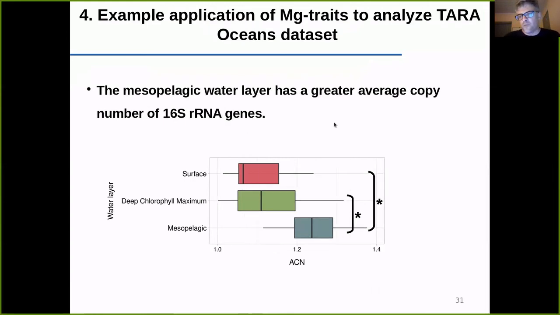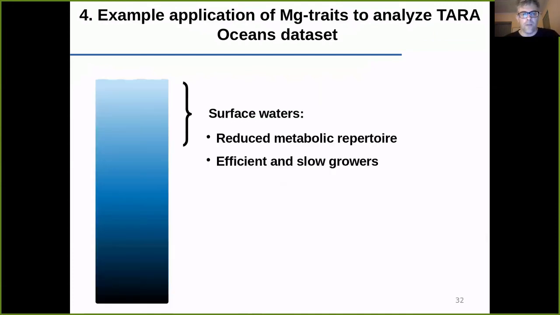We have a similar result for the ACN, the average copy number of 16S rRNA genes, but in this case, the mesopelagic water layer has a significantly greater ACN than the other 2. And considering the information provided by these metagenomic functional traits, these results indicate that in surface waters, we have organisms that have a reduced metabolic repertoire and that are efficient and slow growers.